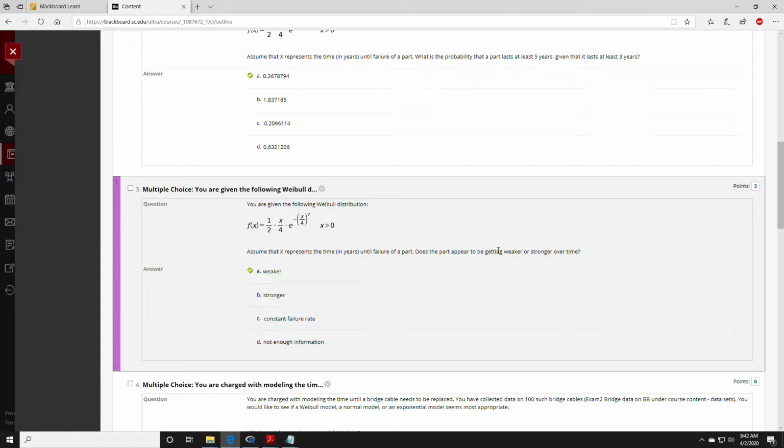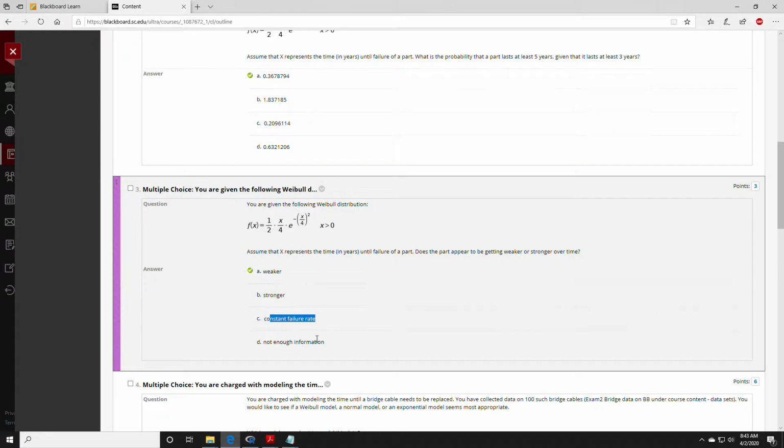For a Weibull distribution, if the shape is greater than 1, then the hazard function is increasing, and thus the part is getting weaker. If the shape had been less than 1, the hazard function would be decreasing and it would be getting stronger. If the shape was equal to 1, then it would be constant.